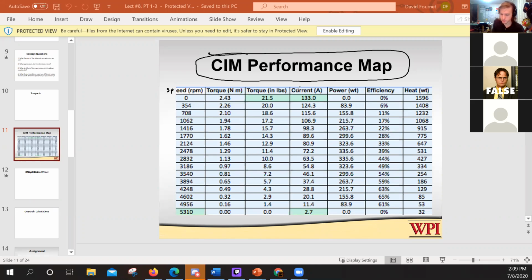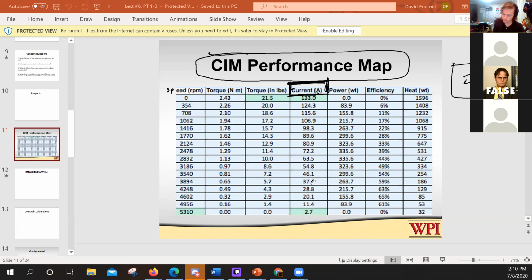Another important thing is the current. I forget what current the FTC motors are usually run at, but I'm going to assume it's probably like 30 amps. I can ask somebody who is a programmer, but we're going to assume it's 30 amps for now. On this performance map, we look at the current and say, okay, we want to limit our motor to run at 30 amps.